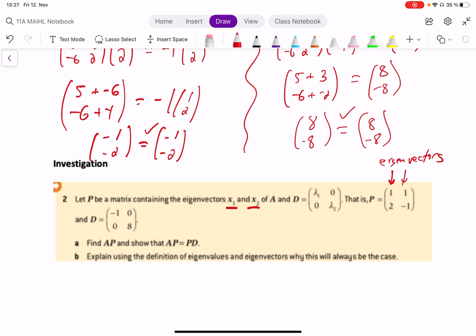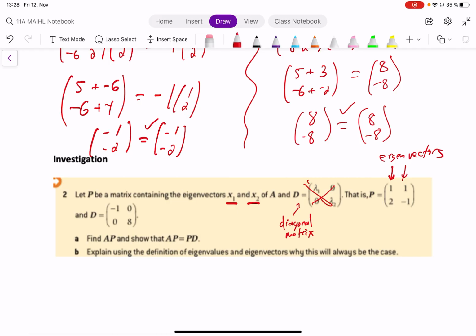And there's this D, which is D because it's a diagonal matrix, which means I have 0 off the diagonal here, and I have the eigenvalues on the diagonal. And so we can see that D is -1, 8, with zeros in the other entries.